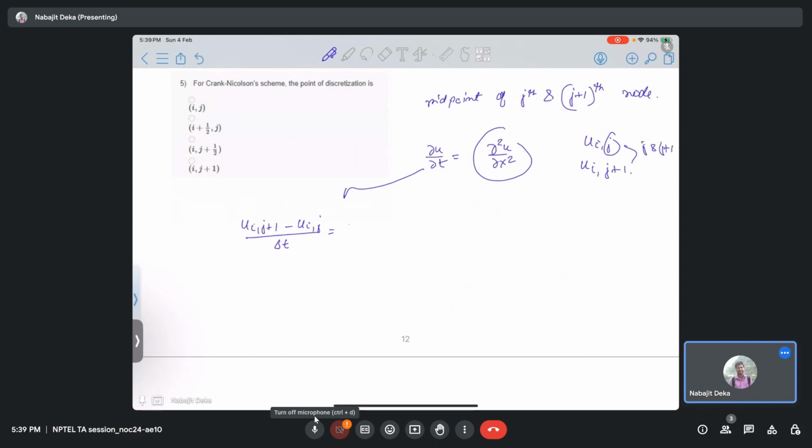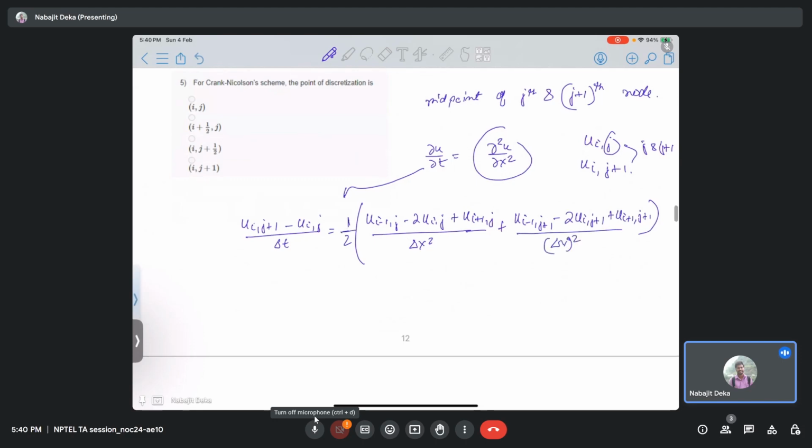So what we have is we write at first this is at the jth level, and then we'll write for the j plus 1th, and taking an average of the two.